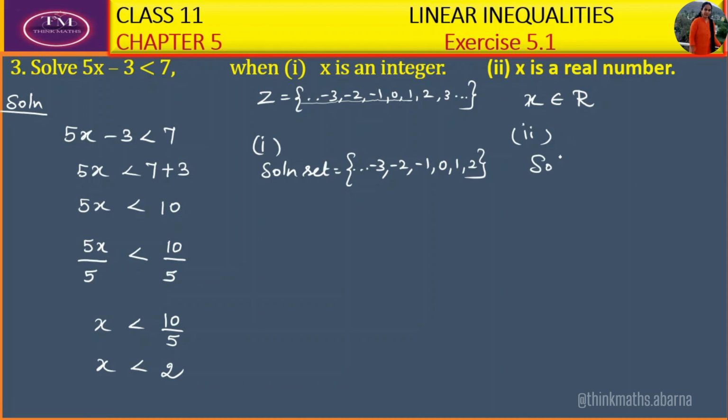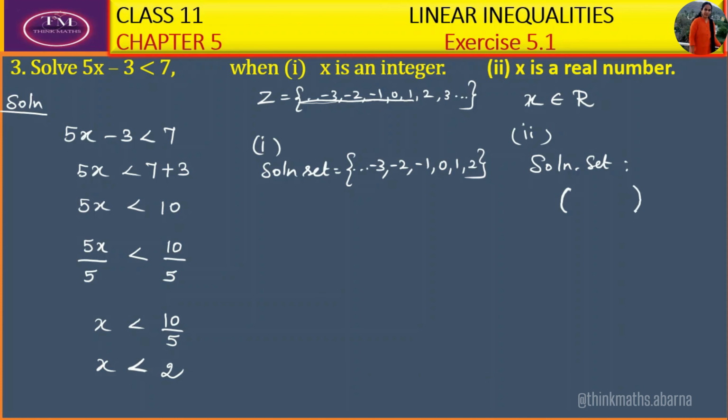So to write the solution set, you will write what is given. It is less than 2. So 2 is the maximum value, that is, less than 2 means this is the maximum. It doesn't take the value 2 as it is strict inequality. It takes all the values less than 2.